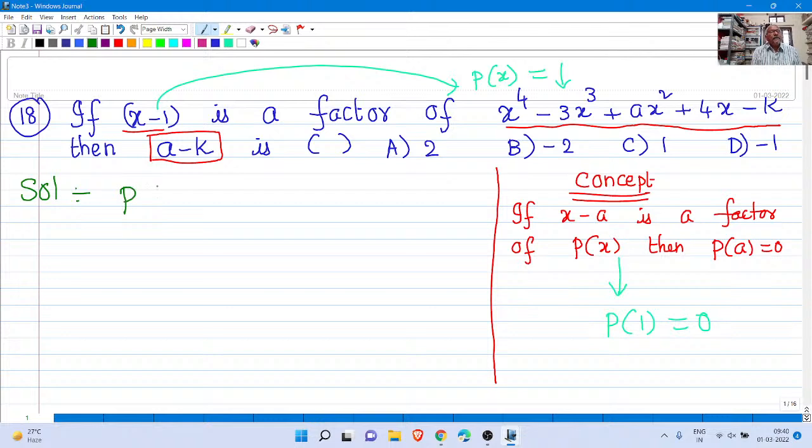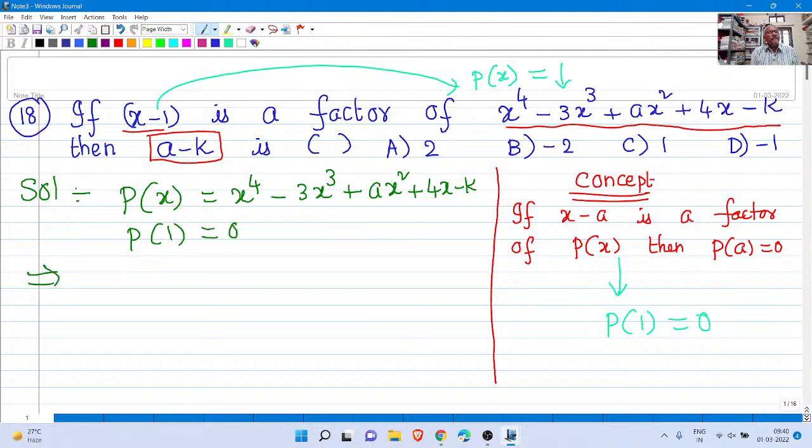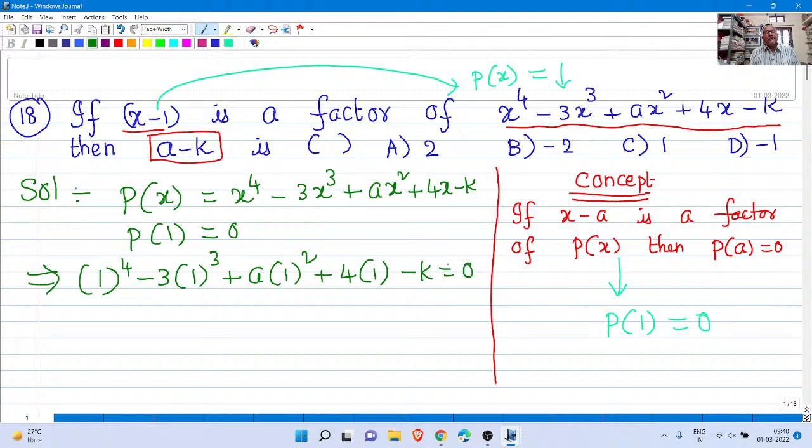So let us say p of x equals x to the power of 4 minus 3x cube plus ax square plus 4x minus k. As per the factor theorem, p of 1 must be equal to 0. So that implies 1 raised to 4 minus 3 times 1 cube plus a times 1 square plus 4 times 1 minus k must be 0.